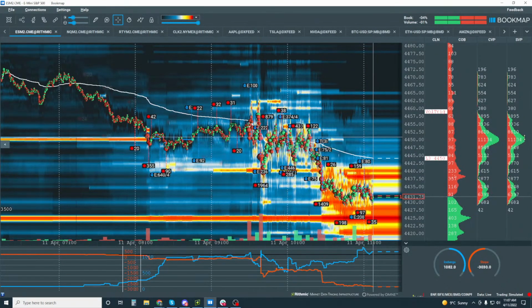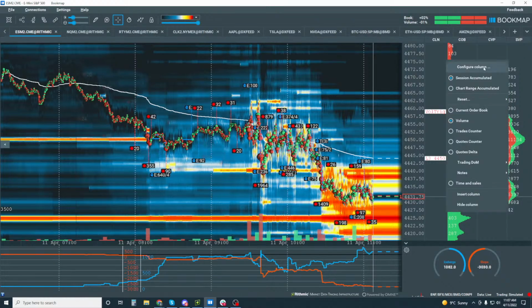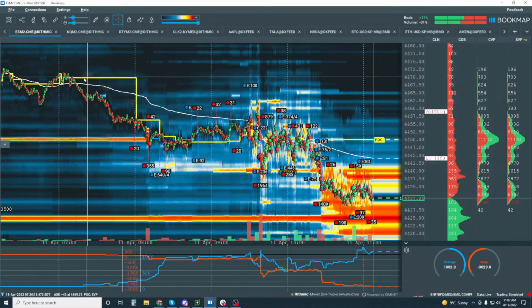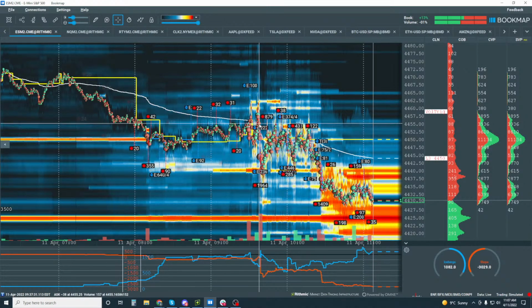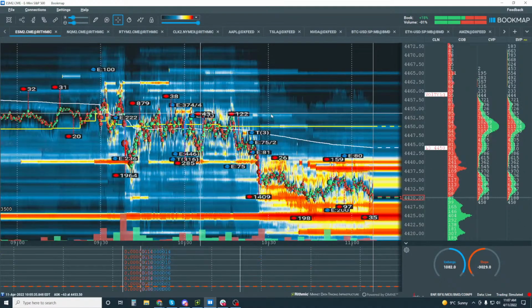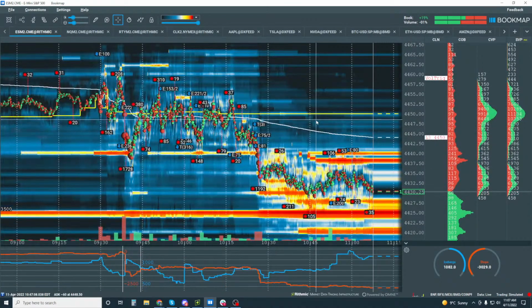You can look at your profiles, but we do have it on an SVP chart here. You can right click, go to configure, and you can find this yellow line, and then it will track the point of control over time, as you can see. So it's right here. Now mine is reset at the 9:30 cash open, so it might be different than yours. My VWAP as well resets at 9:30.